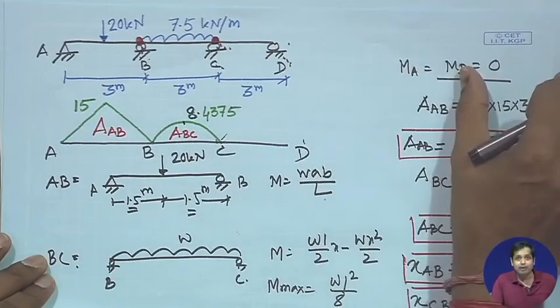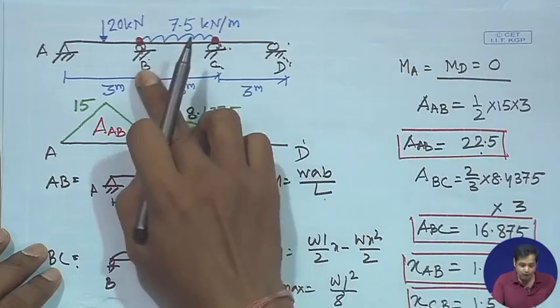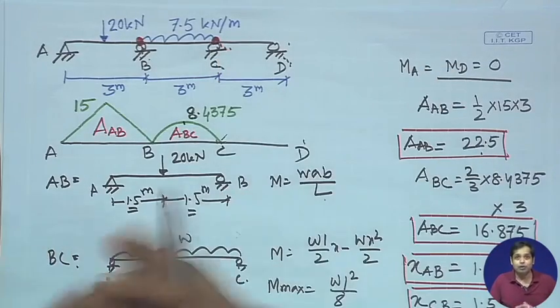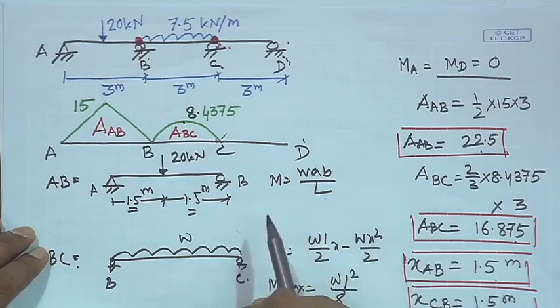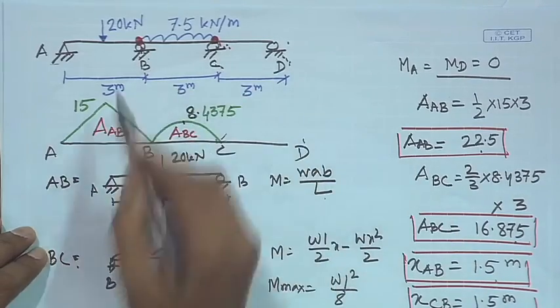Then there will be another primary structure which is subjected to only the redundant forces. So, the total response of the structure will be the response of the primary structure subjected to loading plus the response of the primary structure subjected to the redundant forces. So, the total bending moment diagram will be this bending moment diagram plus the bending moment diagram that you get because of these redundant forces.